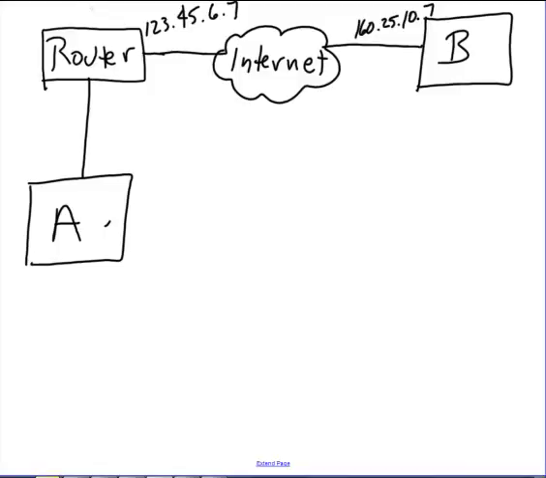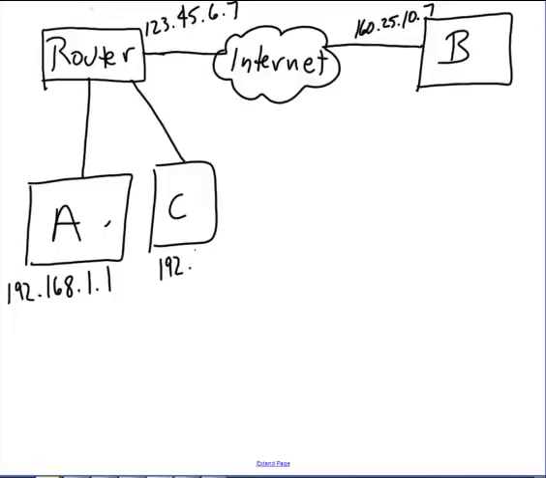And behind this router, we have a private network in the 192 range. So we have machines that look like that.